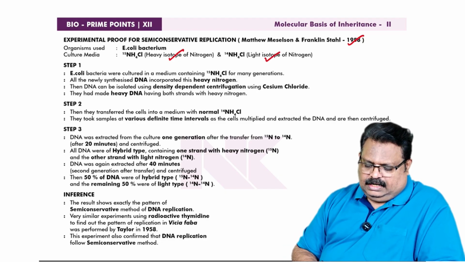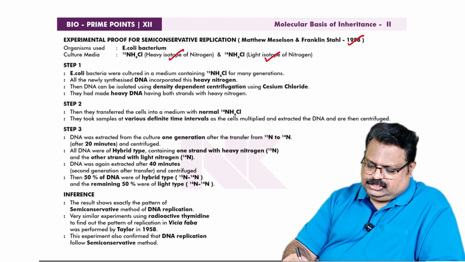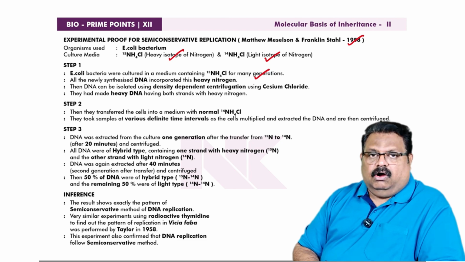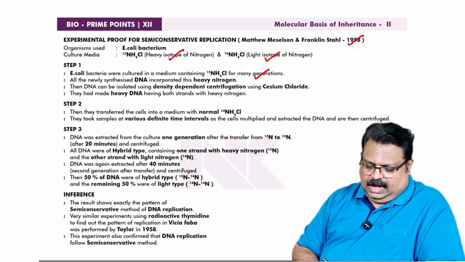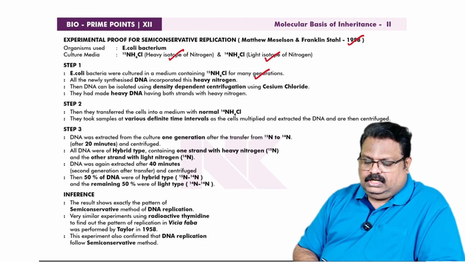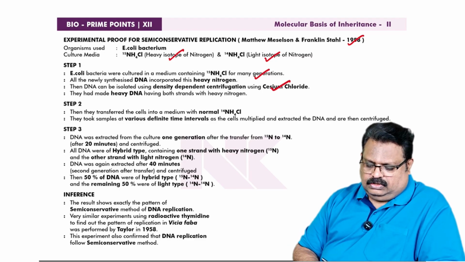Initially, E. coli bacteria were cultured in a medium containing the heavier isotope of nitrogen for many generations. All the newly synthesized DNA incorporated heavy nitrogen, and the DNA can be isolated by using density-dependent centrifugation in cesium chloride, so that they made heavy DNA.